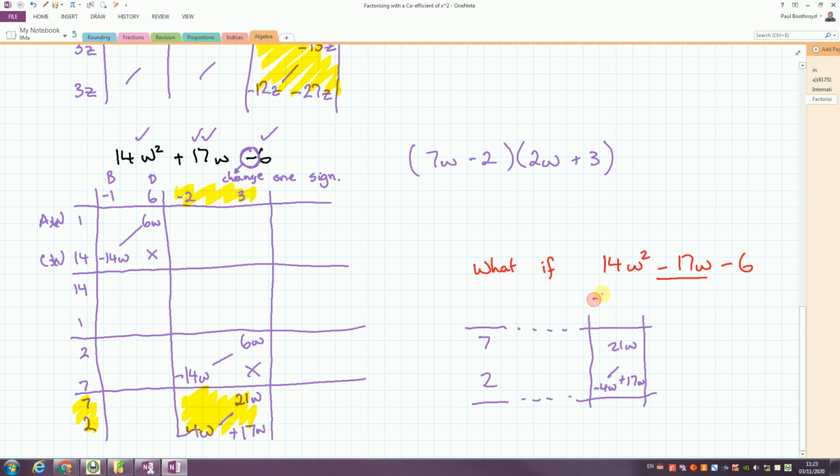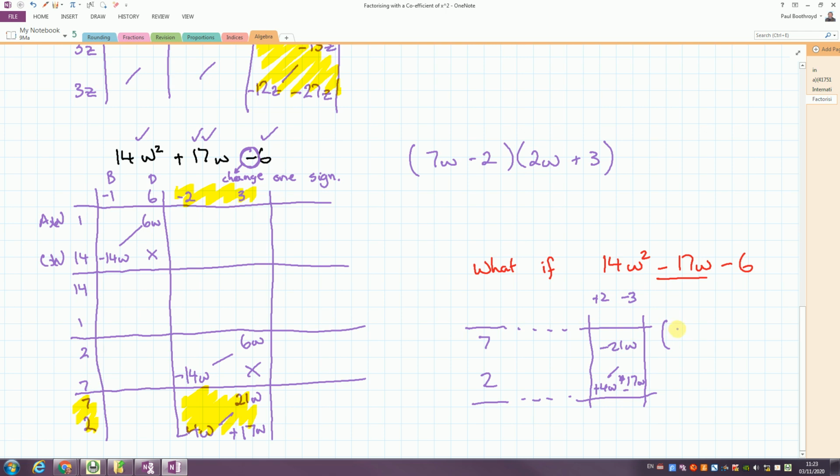At the top we wanted -2 and 3. If I want this to be a negative 17W, we change all the signs, and I could change all of these and it would work, or change everything in that column. And generally it's best to change in the column. So to get this to be negative, I need a +4, -21. The -21 comes from multiplying 7 by -3. Plus 4, I need a +2.